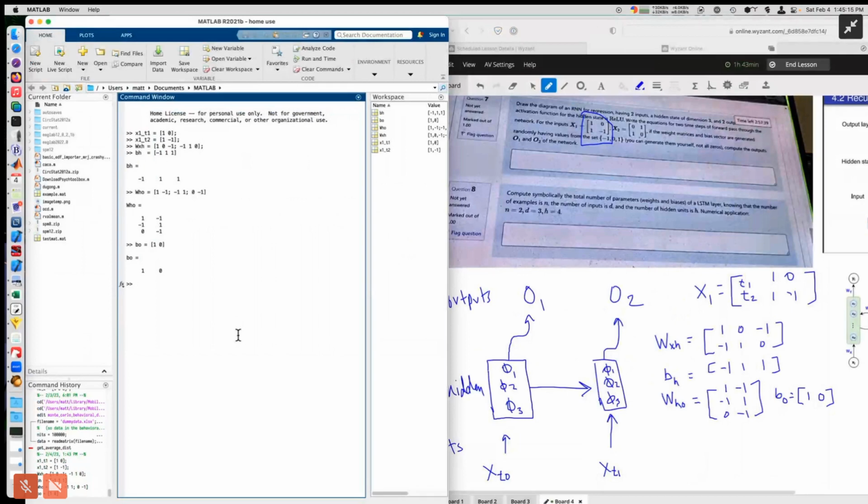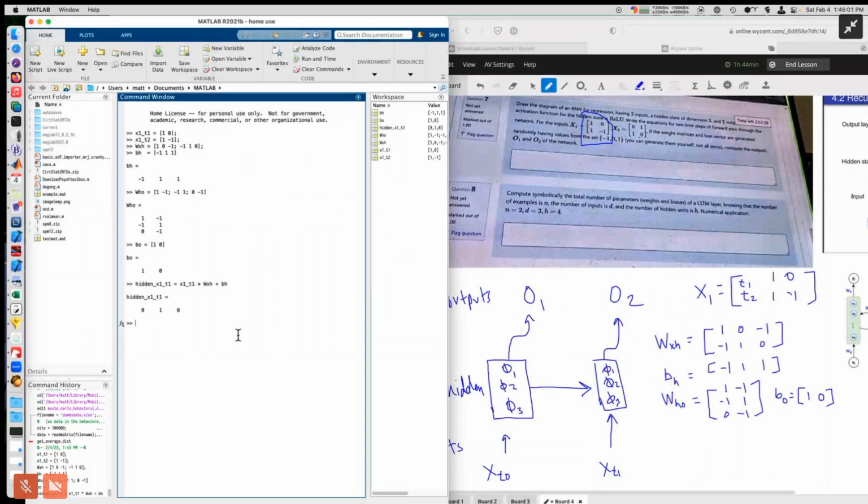So to get hidden for our first x at our first time point, that would be x1 at time 1 times Wxh plus bh.